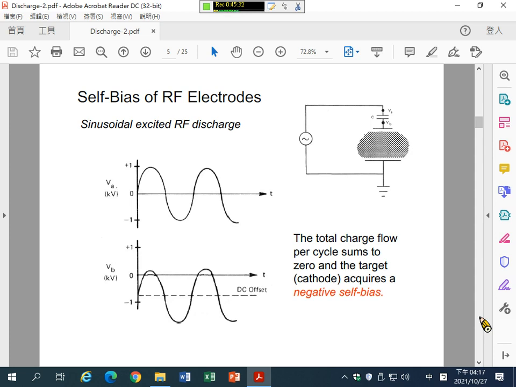But in this large region, this large time period, the electrode surface is negatively charged. So this is for the top electrode. And for the ground electrode, the voltage is always equal to 0 volt.